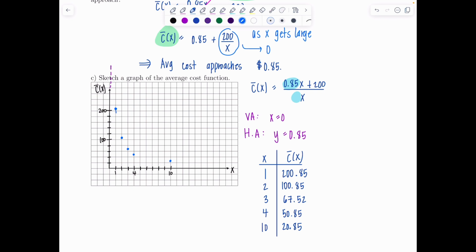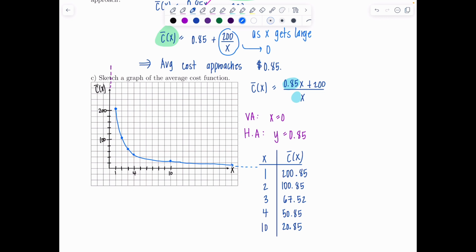So just an endpoint there. Ooh, it's looking so nice. And then you can continue, draw an arrow. It's going to go down, down, down. You know, it shouldn't have that wiggle there. Excuse me. It's just approaching 0.85, which is kind of hard to show. So just do a little dash mark there.